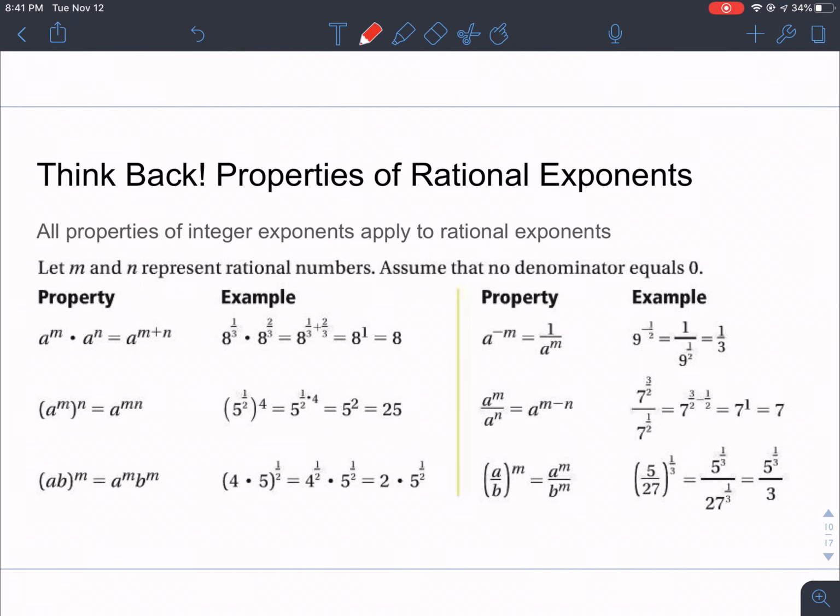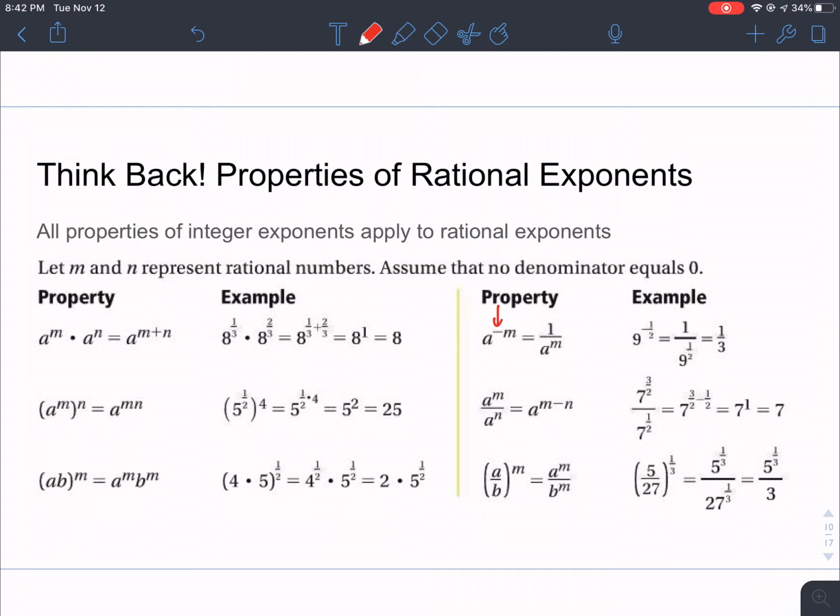All right, let's talk properties of rational exponents. You should have learned this previously, but just as a reminder, if you're multiplying bases, you add the exponents. If you have an exponent to an exponent, you multiply the exponents. If you have two factors to a single exponent, that exponent distributes through those factors so that each factor gets that exponent.